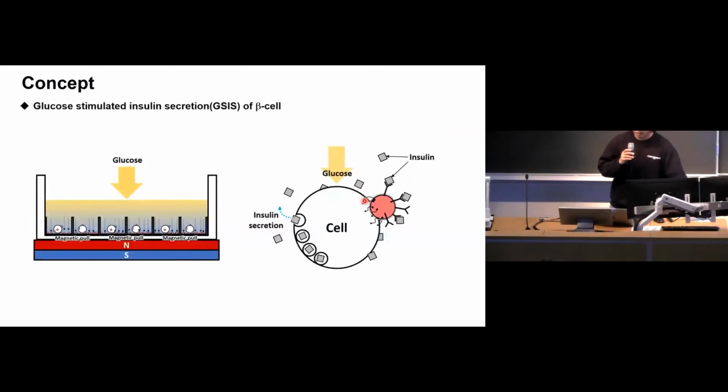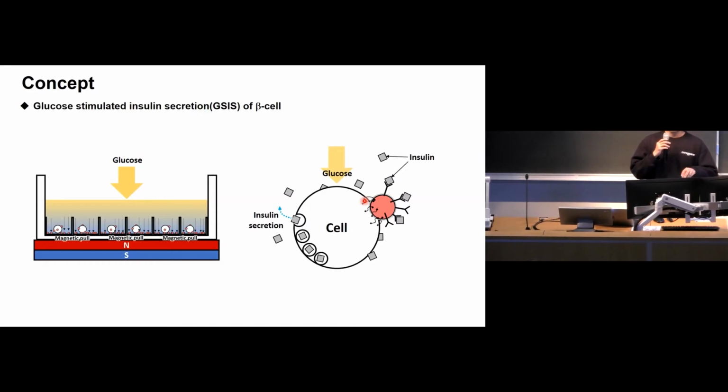So the thing I'm trying to do is actually observing the insulin secretion of the beta cell in a single cell unit. As we all know, when the beta cell is stimulated by the glucose, it secretes insulin.